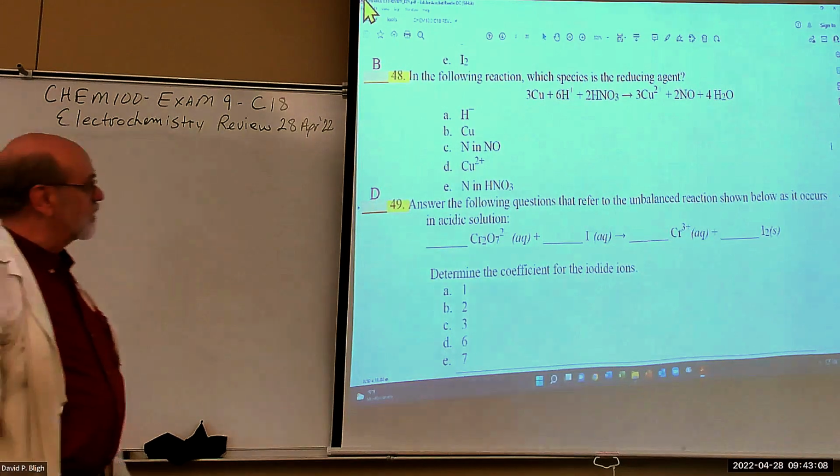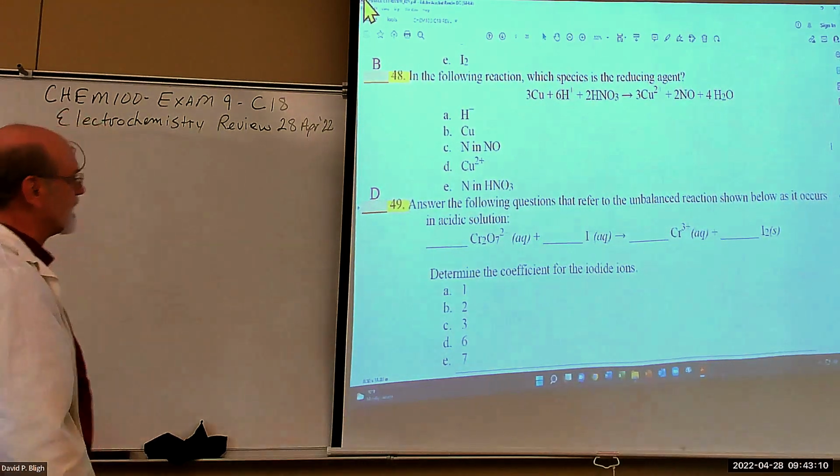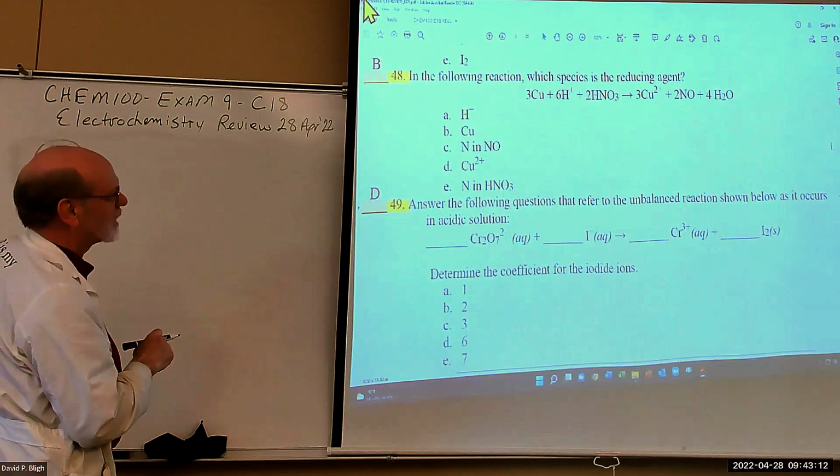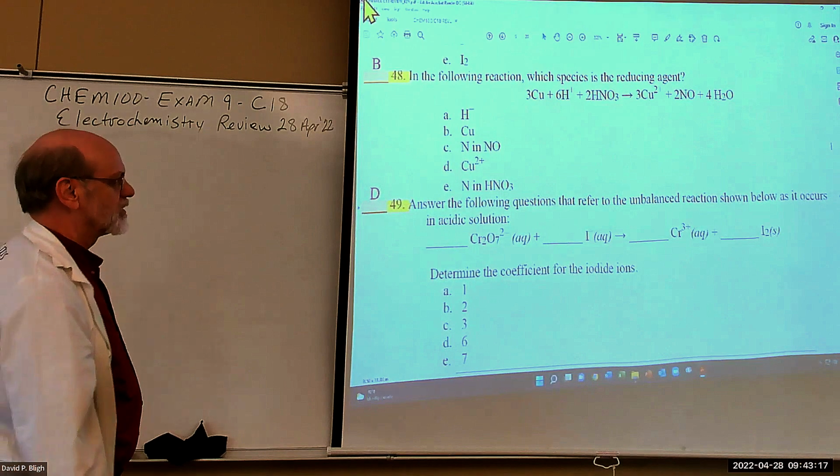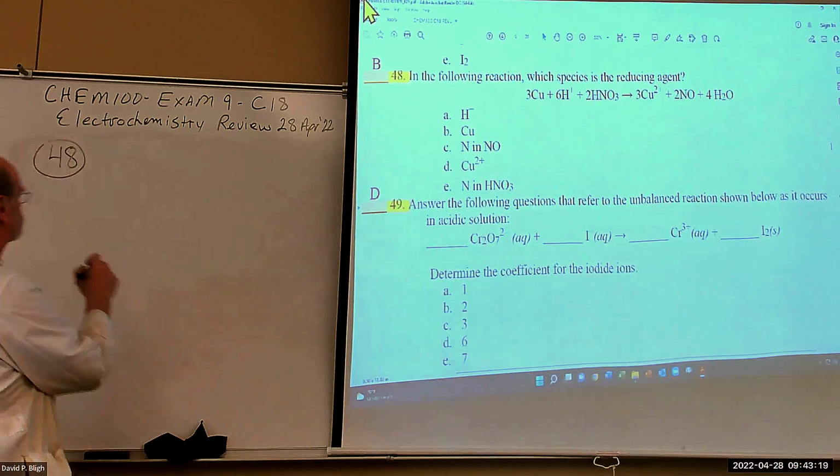48. All right. In the following reaction, which species is the reducing agent? It's kind of faint, but I can read the charges, and I'll put them up here on the board.